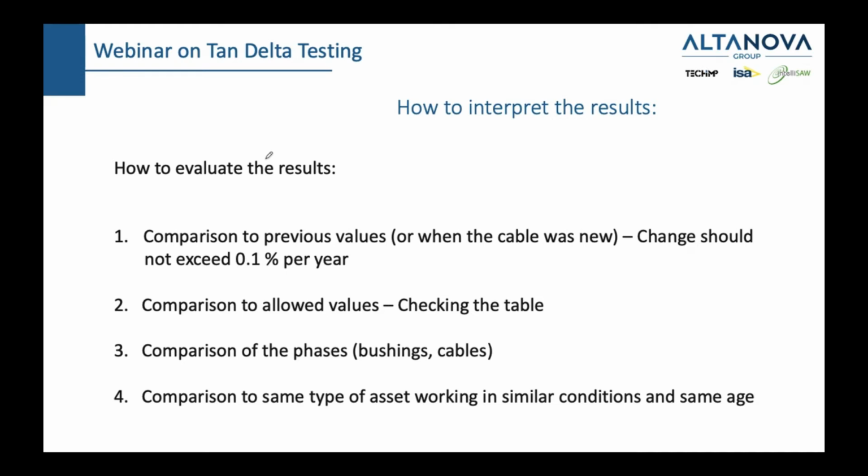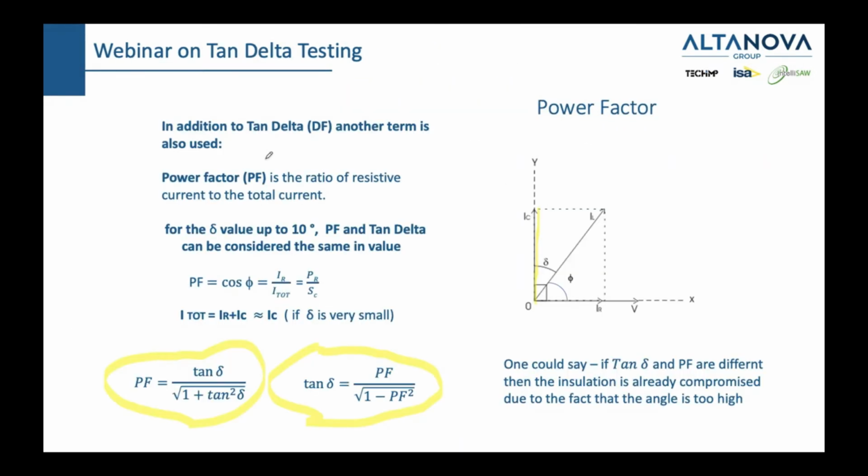So while measuring the current and while calculating tan delta, there might have been some errors. A negative tan delta means that this total vector here is not 90 but more than 90 degrees. And this can happen sometimes.